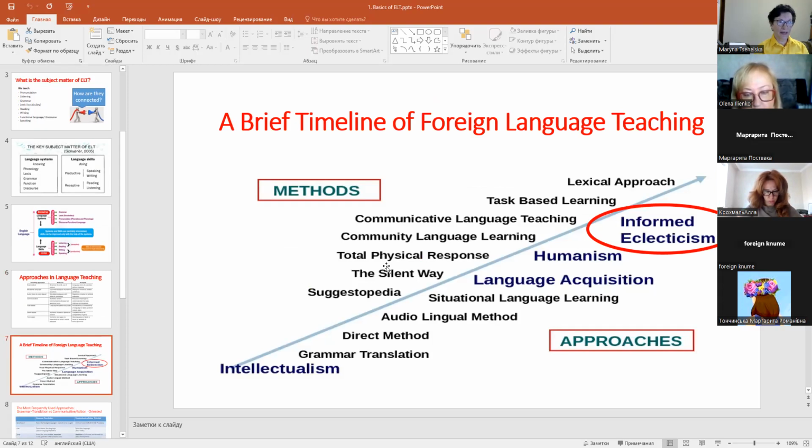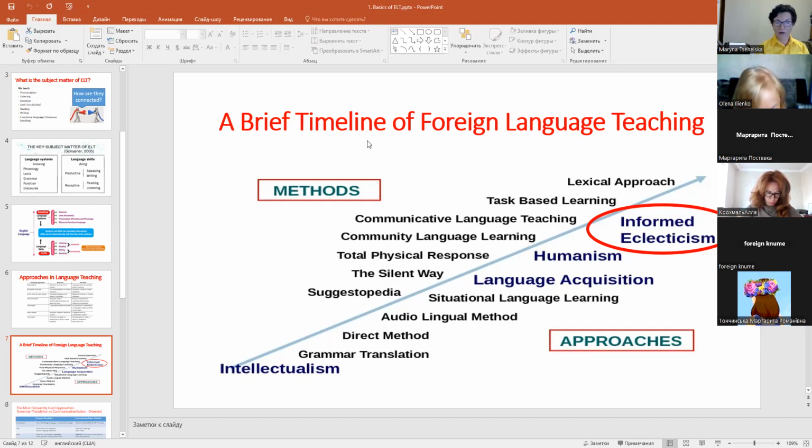So what I would like to talk about today is what we call informed eclecticism. It's not that in our teaching we need to stick to just one method, because the students and the modalities of teaching, whether we teach online, offline, or in a mixed course, have changed dramatically.